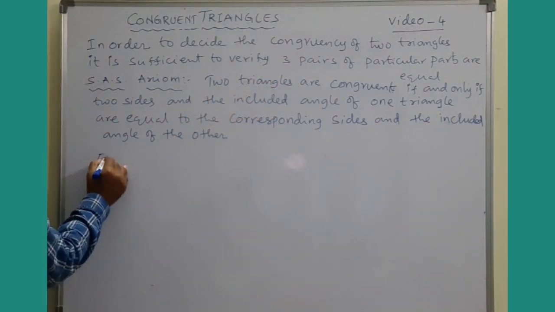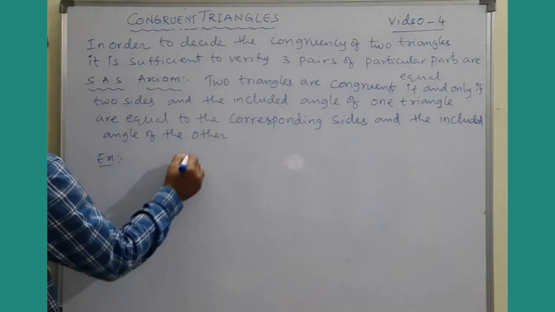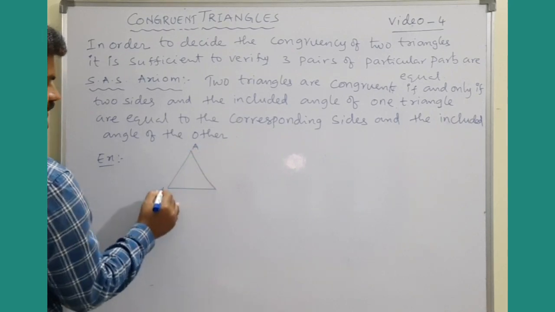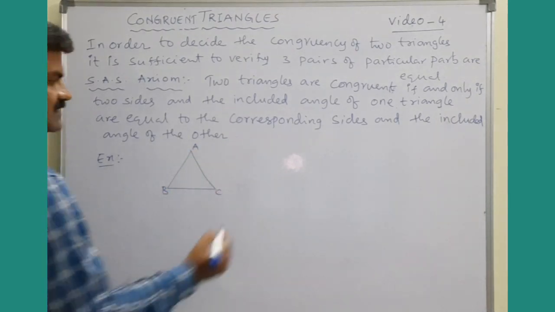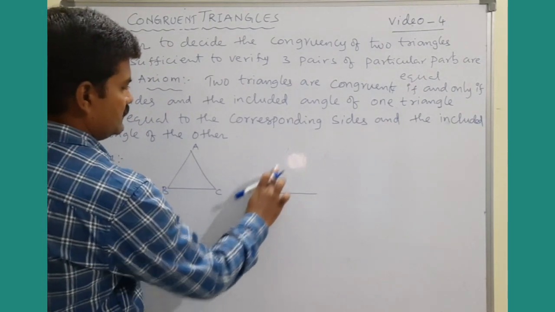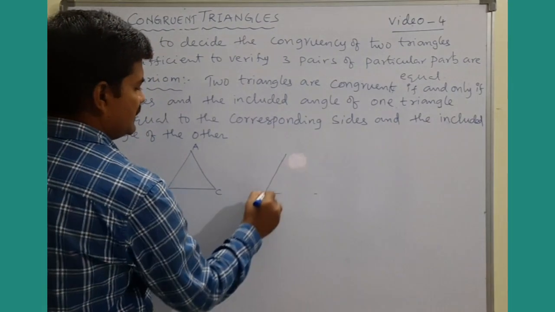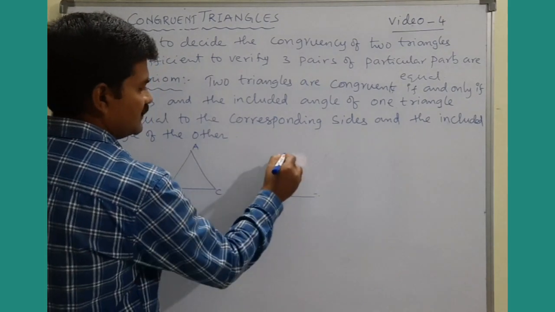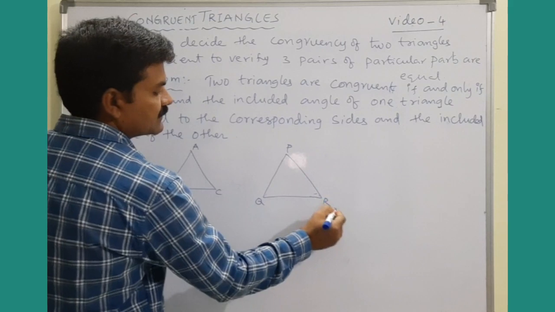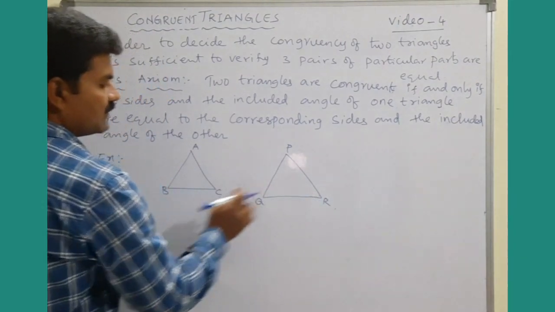I mean, for example, let us consider two triangles. Suppose this is triangle ABC, and let the other triangle be PQR.